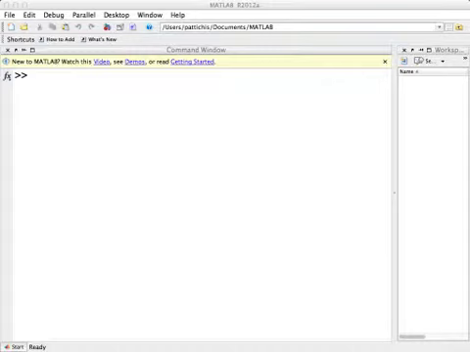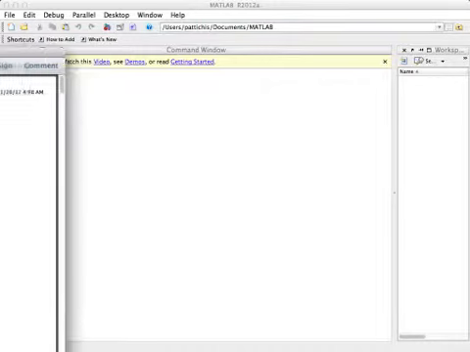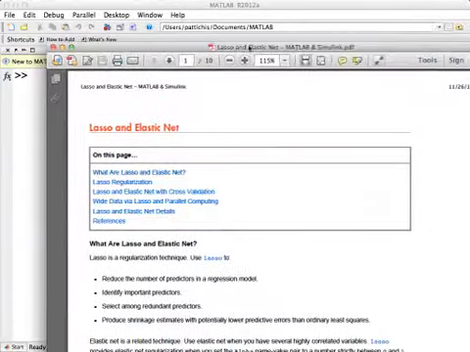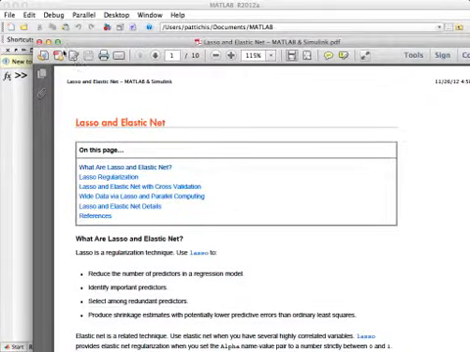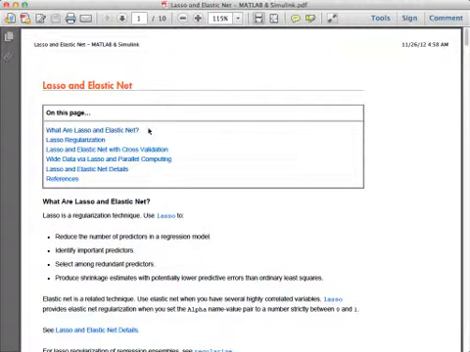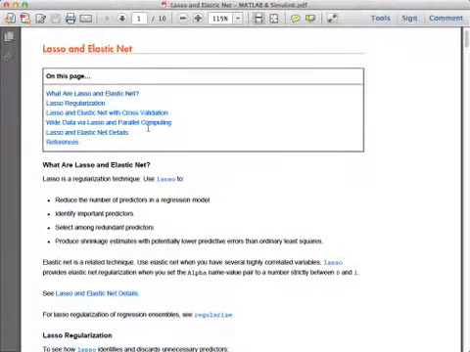Let me find out what I put online. Okay. I put two new things online that I hadn't shown you. The first one is probably an updated version of the MATLAB help file. It looks very similar to yours.